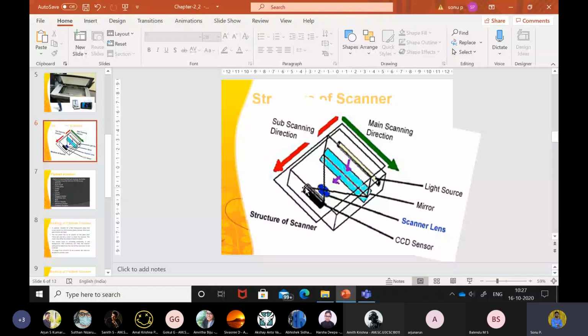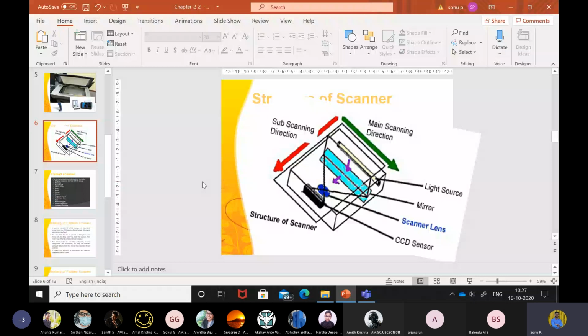It contains a lot of things inside. This is mainly the head of the scanner. The head contains a lot of additional elements that will move front and back based on the object placed over the flatbed scanner.